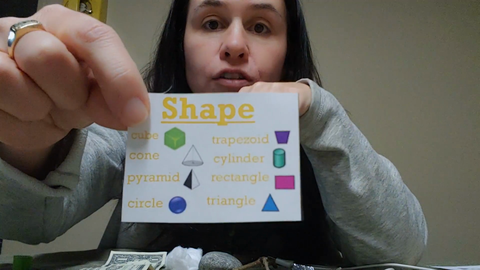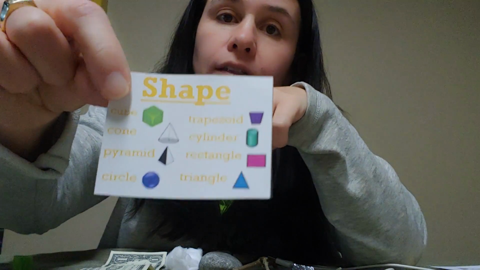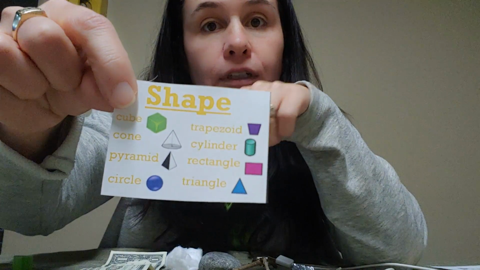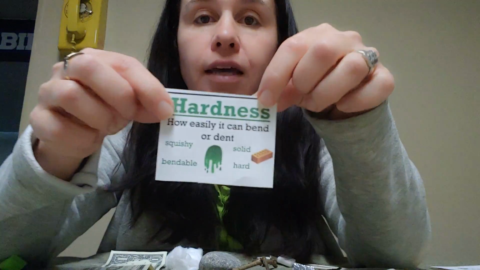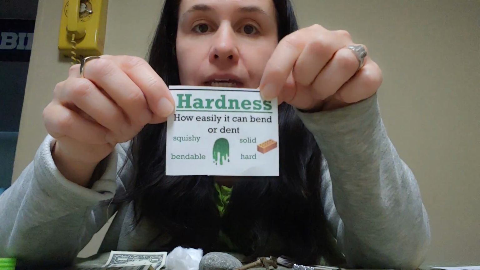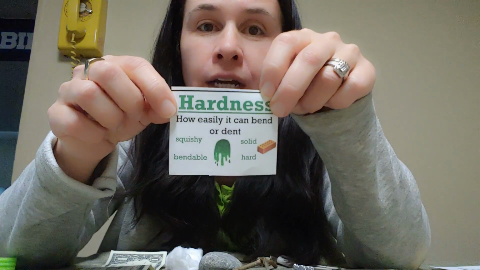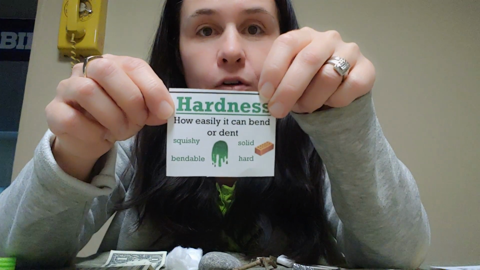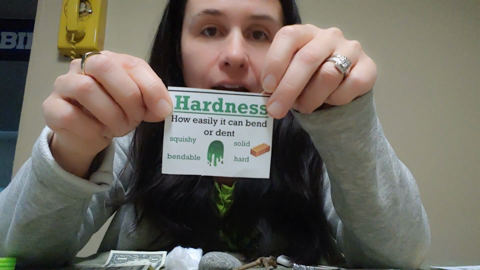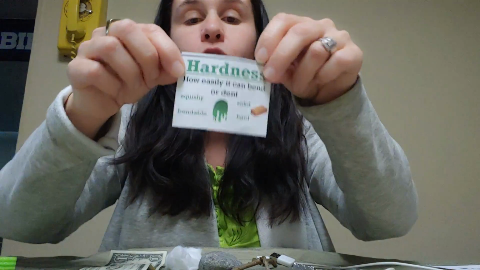Shape, a circle, a rectangle, a triangle, a cube, and the hardness. Hardness means, is it something that you can easily bend, or can you squish it, or is it really solid and hard? Okay, so all of those different things.